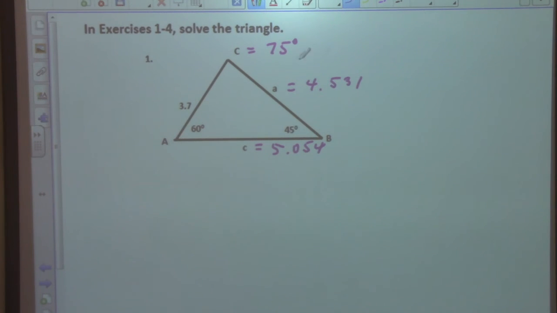On the A, it should be 432, because of the rounding. Okay, let me tell you something about rounding here, according to AP standards.